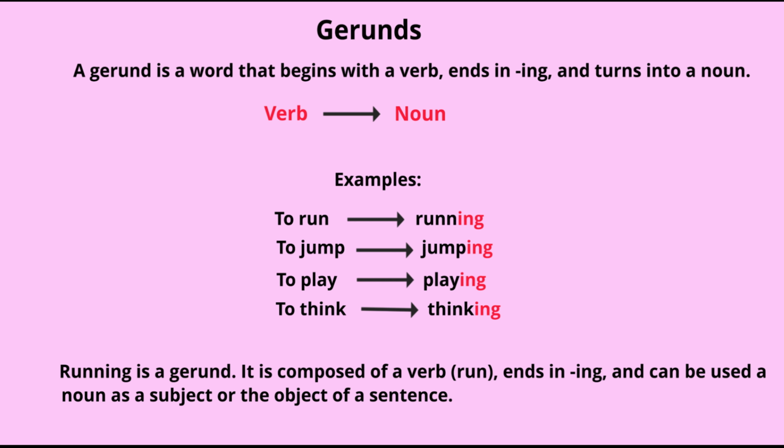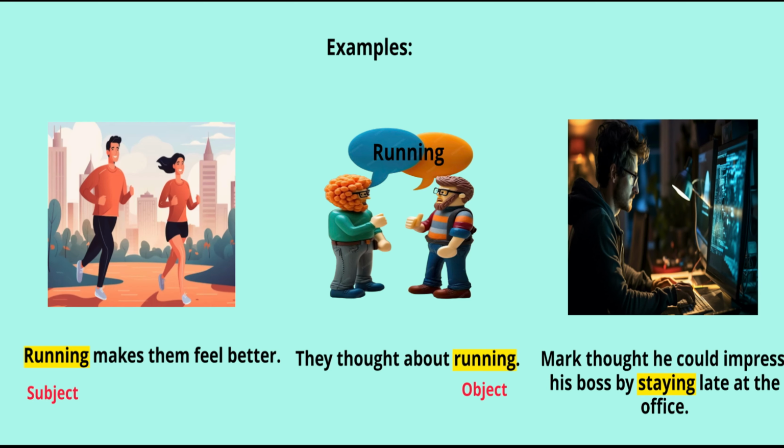To jump, jumping. To play, playing. To think, thinking. Here, running is a gerund because it is composed of the verb run, ends in ing, and can be used as a noun, as a subject or the object of a sentence.